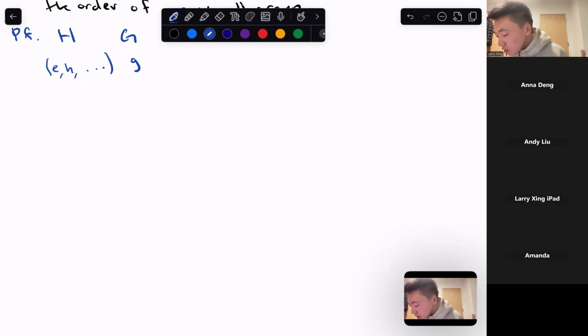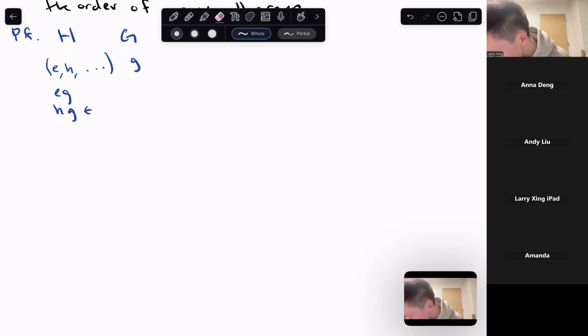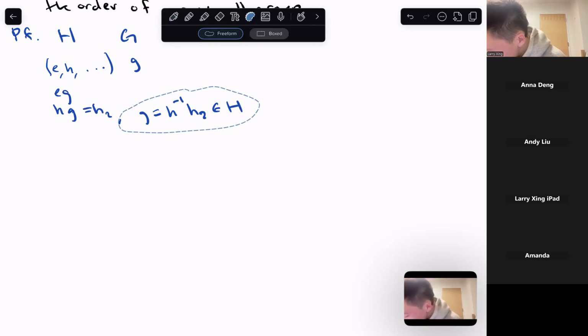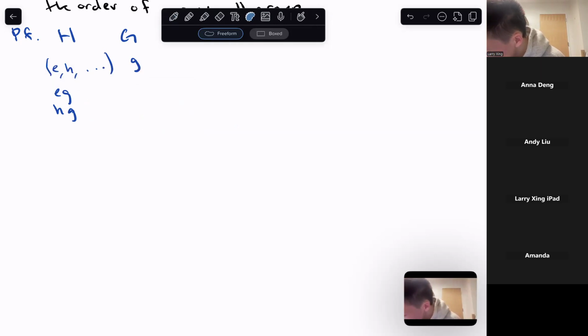And what you notice is hg, for example eg, must be outside of H. hg must also be outside of H, because if hg was within H, let's say it was h2, then g equals h inverse times h2 if we multiply h inverse on both sides, which is within H because the group is closed. So that means that hg is also not within H.